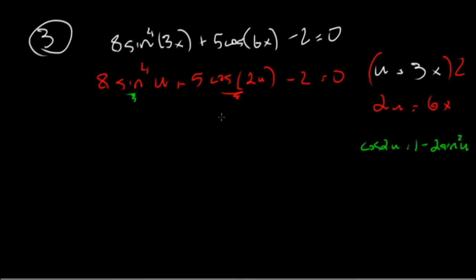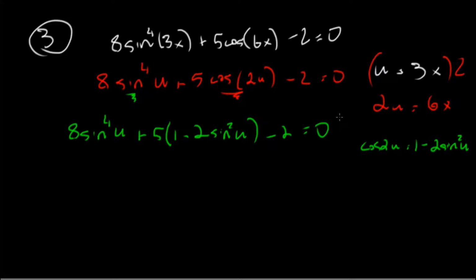All right, so let's go ahead and plug this back in. We got a new equation here with equivalent solutions. 8 sine to the 4th u plus 5 times 1 minus 2 sine squared u minus 2 is equal to 0.